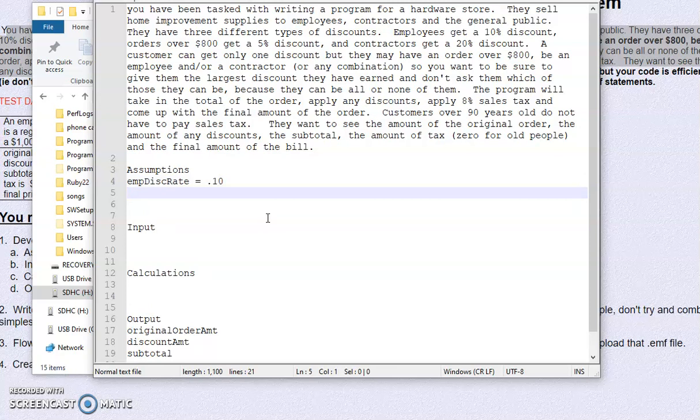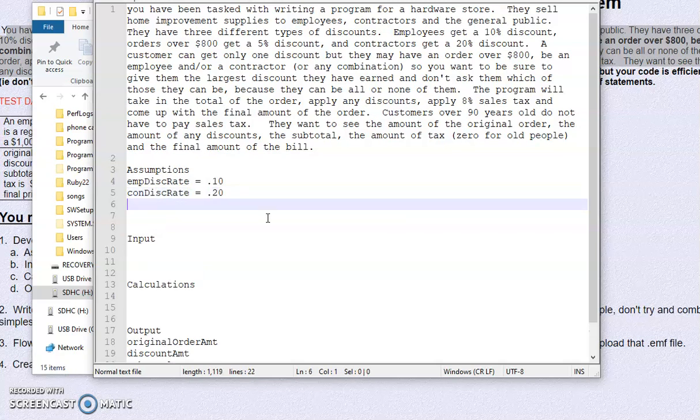And then we have a contractor discount, so a CON disc rate equals 20%, 0.20. And then we have an order over $800. So we're going to call that an LG ORD, large order, disc rate equals 0.05. Okay, so we got those discounts done.